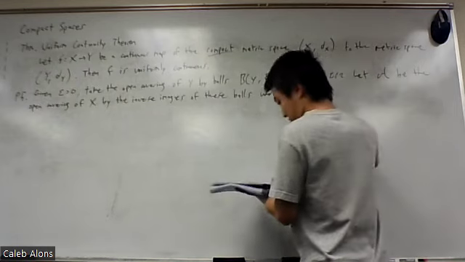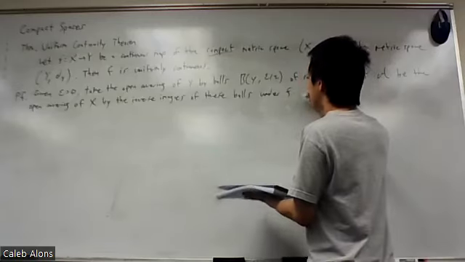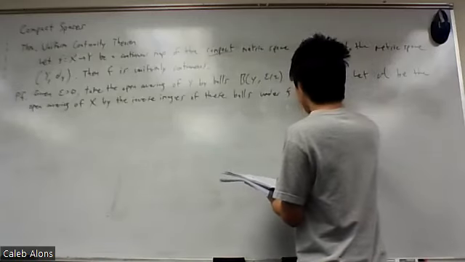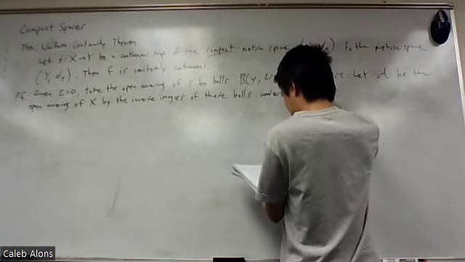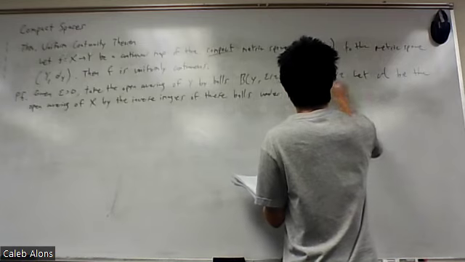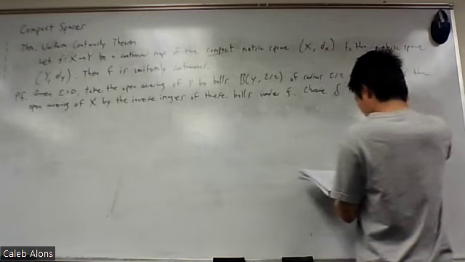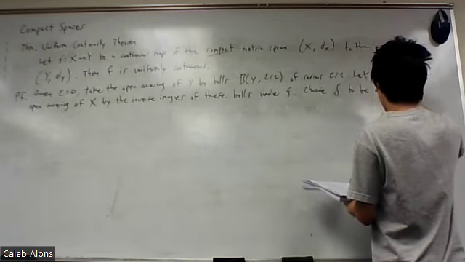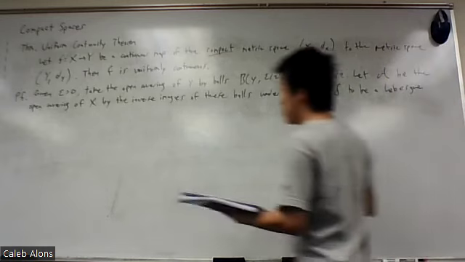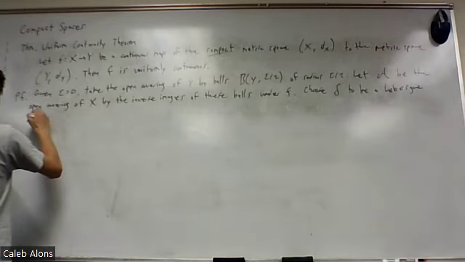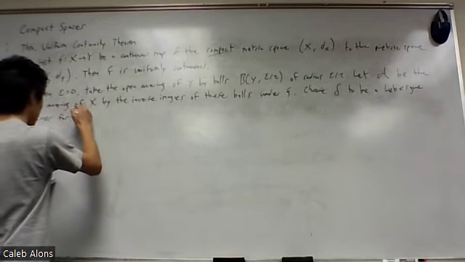So it's interesting. Now choose delta to be a Lebesgue number for the covering. Oh, I forgot to define what a Lebesgue number is. Whoops, it doesn't matter, just believe me.